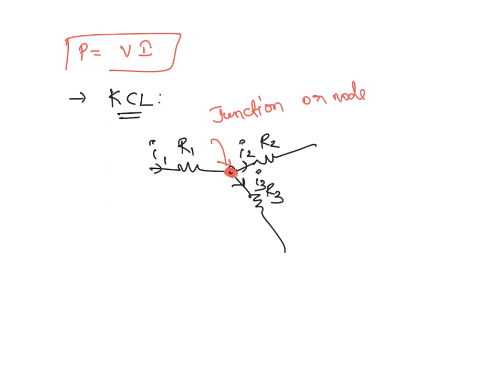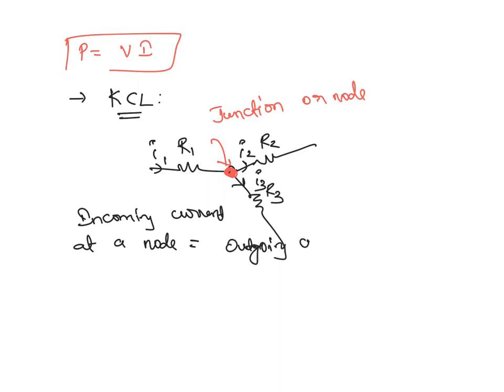If there is a node, then we can easily apply Kirchhoff's current rule or current law. It says that the incoming current at a node must be equal to the outgoing current at the node.